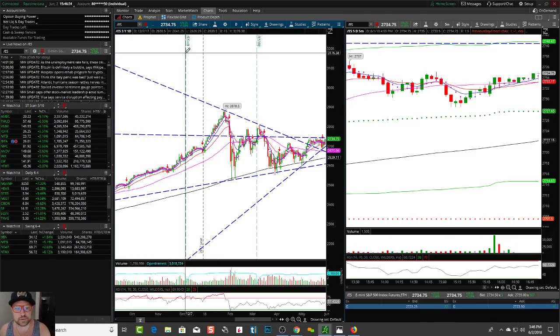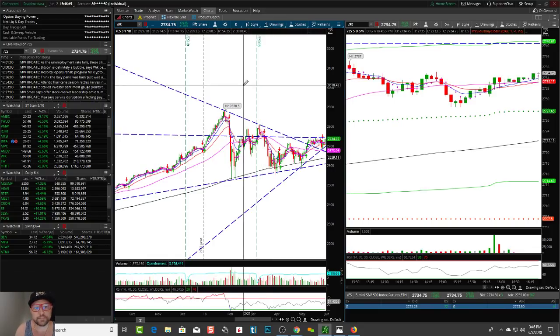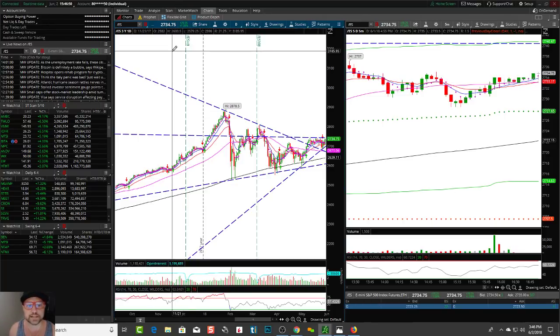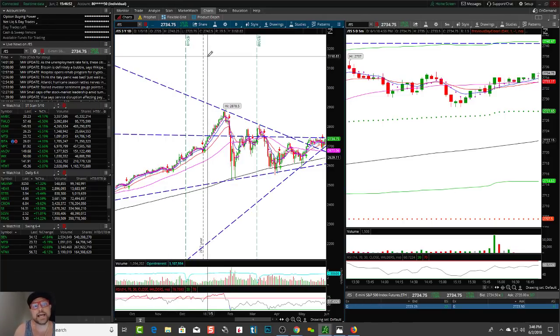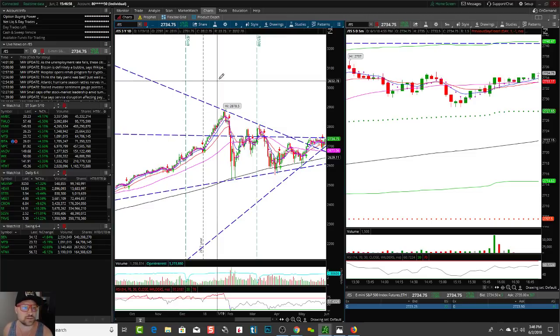Patterns are incredibly important because they show traders very important support and resistance levels. Support and resistance is the most important thing when trading. You want to buy low and sell high if you're going long on a stock, or sell high and buy low to cover if you're going short. So buy at support and sell at resistance if you're going long, or sell at resistance levels and buy at support levels if you're going short.